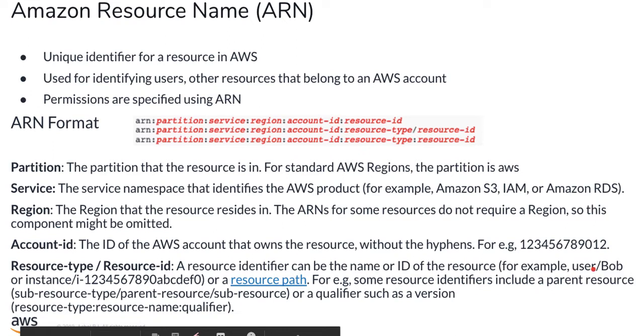Here user slash Bob means this is a user resource, and Bob is the identifier. So basically, this is the format which would be used.